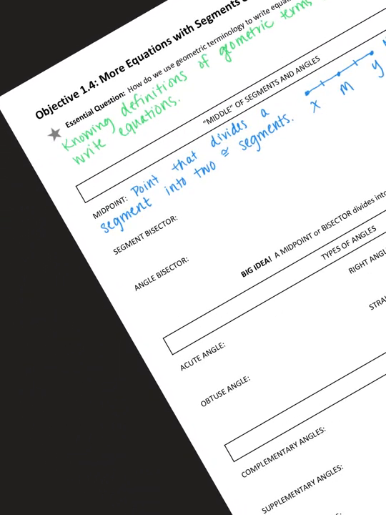The next definition is going to be a segment bisector. This is a very similar idea, except that segments can be cut in half not just by points, but also by lines or rays or segments. A segment bisector is a line, a segment, or a ray that intersects a segment at its midpoint.